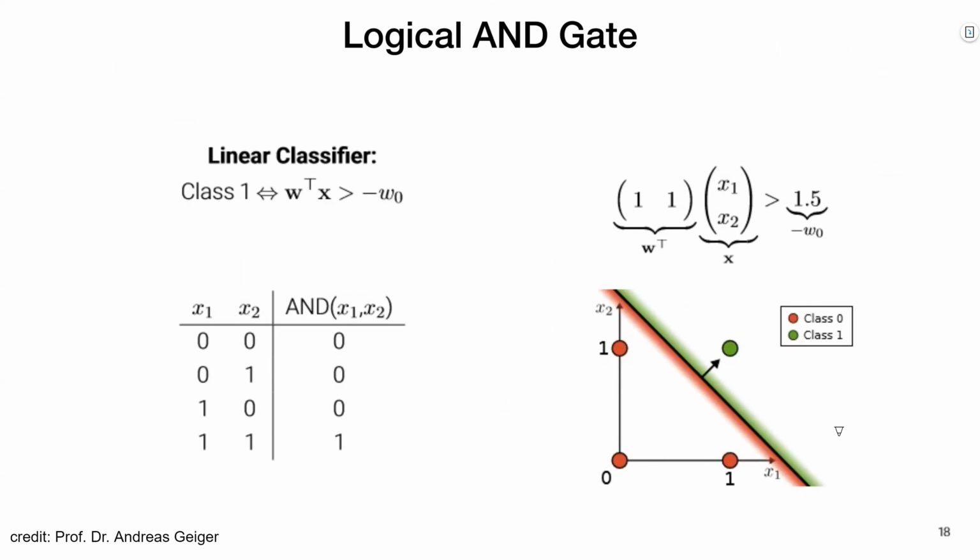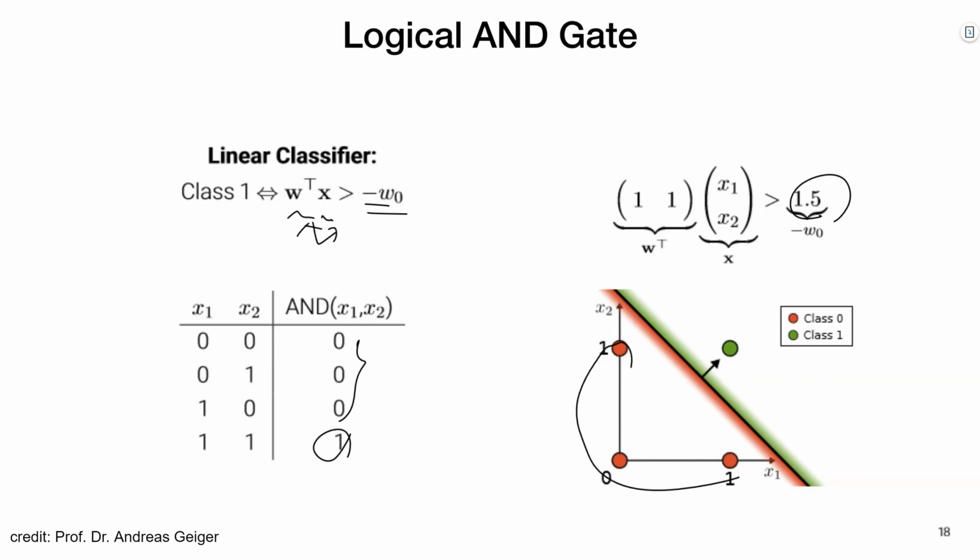You can view this in another way. You can think of it as W transpose and X are dot producted in this way. And if this value is larger than minus W0, which is 1.5 here, then it's going to become 1, otherwise 0. And you can plot this on this graph, on this space.